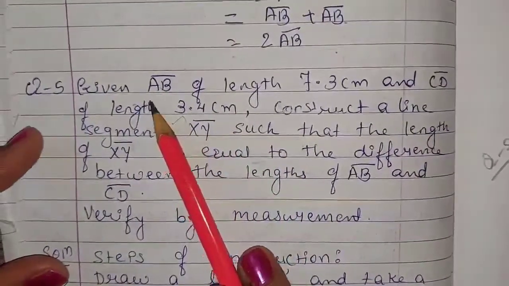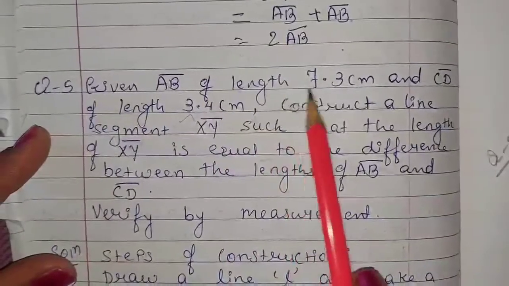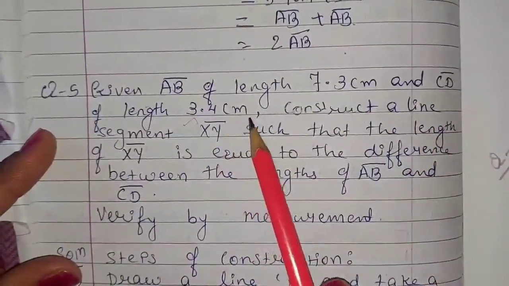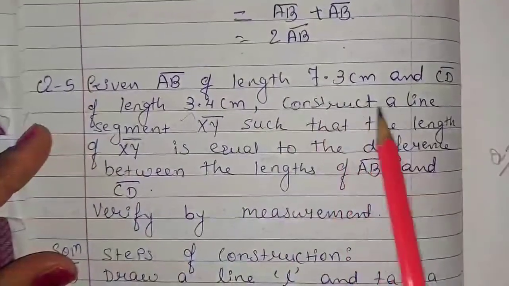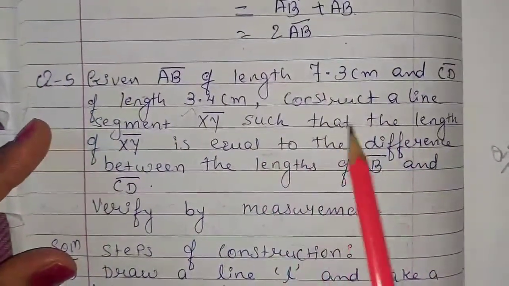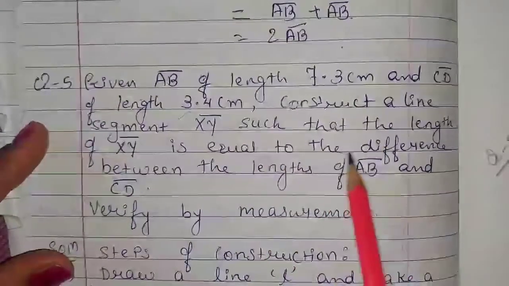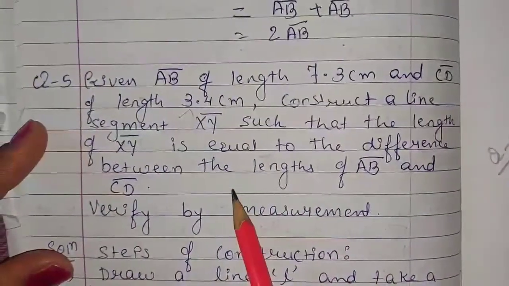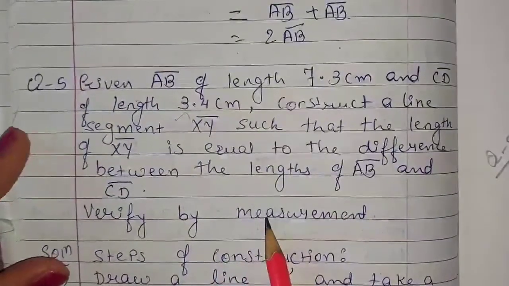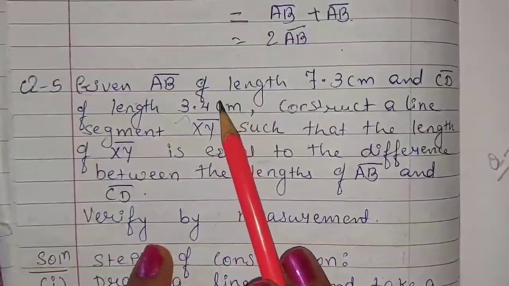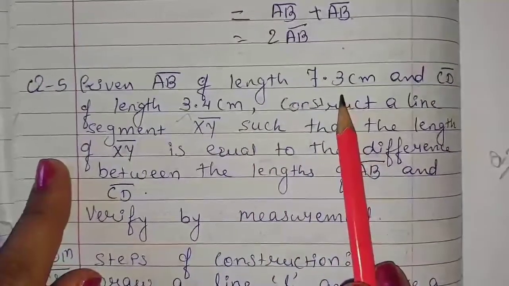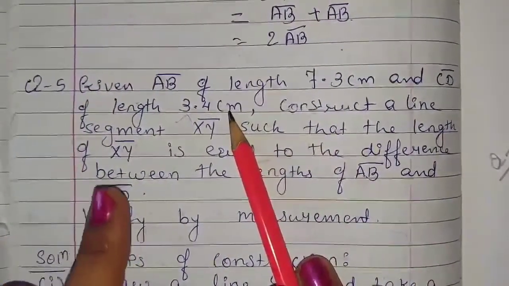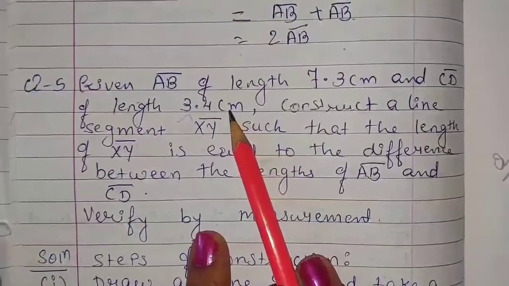Question number 5. Given line segment AB of length 7.3 cm and line segment CD of length 3.4 cm. Construct a line segment XY such that the length of XY is equal to the difference between the length of line segment AB and line segment CD. Verify by measurement. So students, here the line segment AB measurement is given, that is 7.3 cm, and the line segment CD measurement is given, that is 3.4 cm.